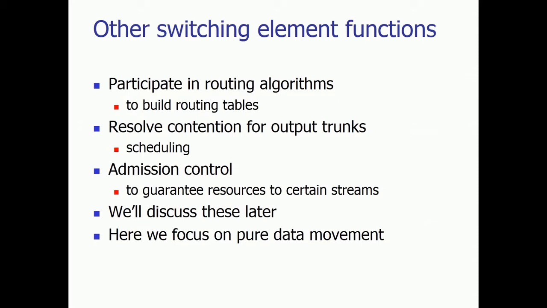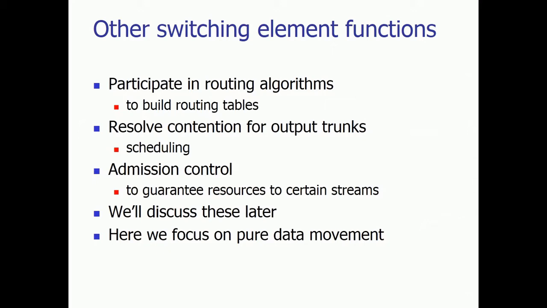First one is to participate in routing algorithms. So routing decisions are made with the help of routing tables. Second is to resolve contention for output trunks, in which link the output should be given. It is also a function of switches. Then scheduling.